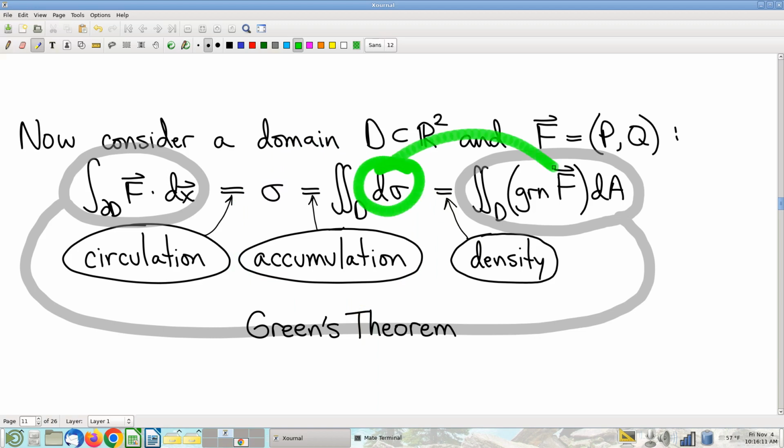And once you realize you can treat it like stuff, well, stuff has density. You can talk about whatever the substance or quantity of interest is. If it's stuff-like, you can talk about how much of it there is in a given region per unit size of that region. Namely, you can talk about the density of that stuff. And the density is what I like to call Green's operator.